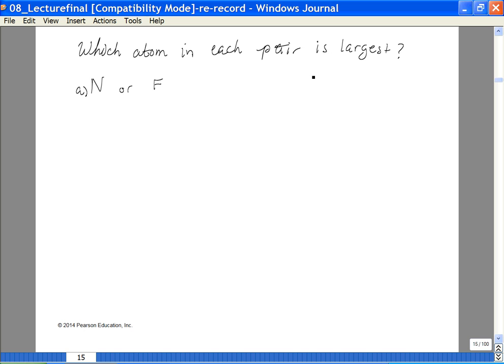Looking at it on the periodic table, fluorine sits to the right of nitrogen. So atomic size increases going from right to left. So therefore, we expect our nitrogen to be larger.